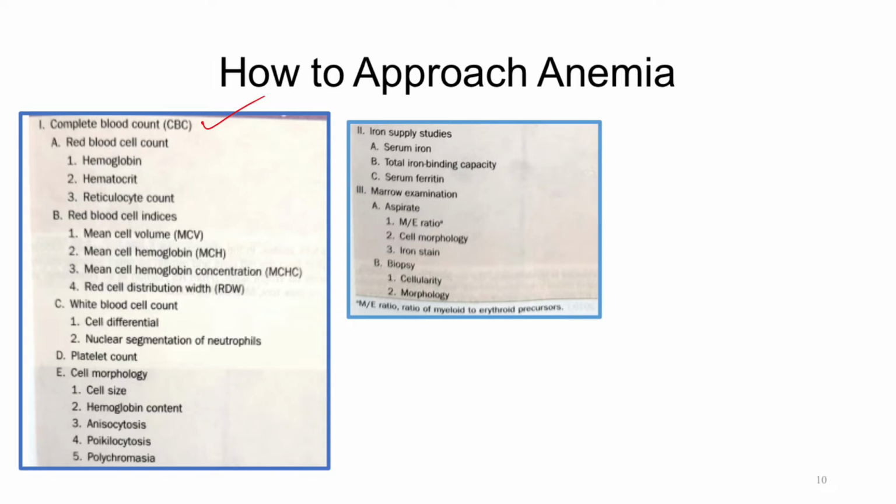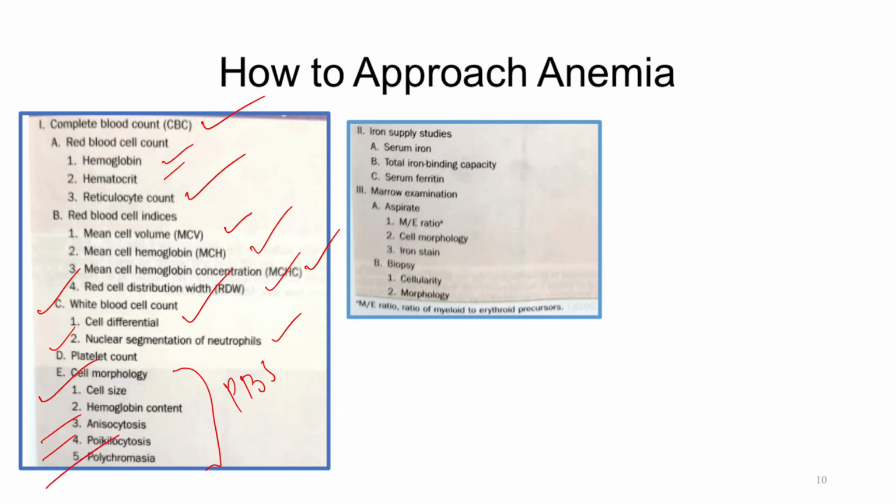The complete blood count will include red cell count, hemoglobin, hematocrit, retic count, and red cell indices like MCV, that is mean cell volume, MCH, MCHC, red cell distribution width, white blood counts with their differential, nuclear segmentation of neutrophils, platelet count, and cell morphology, which is actually the PBS, peripheral blood smear, which will tell us about the cell size, hemoglobin content, anisocytosis, poikilocytosis, and polychromasia.